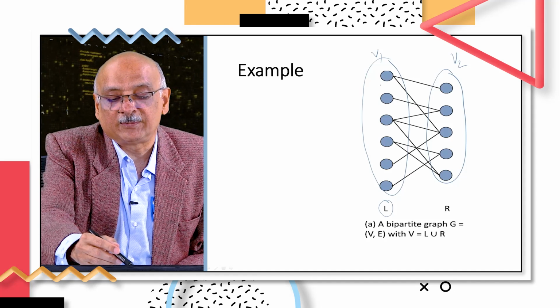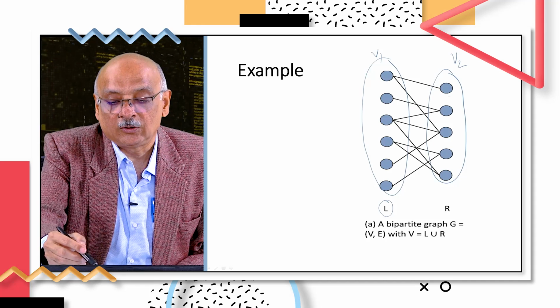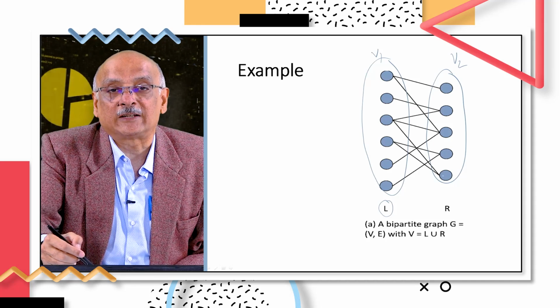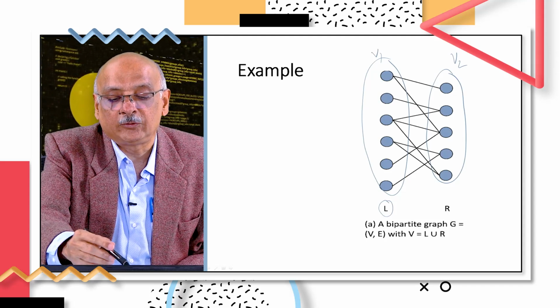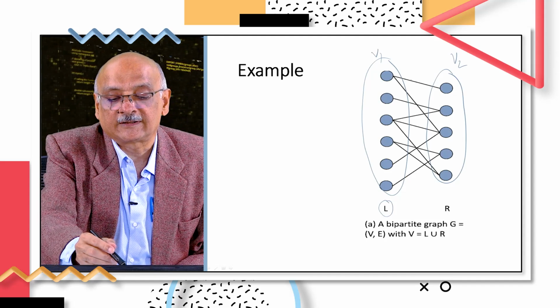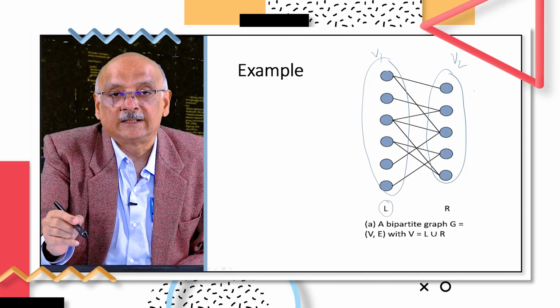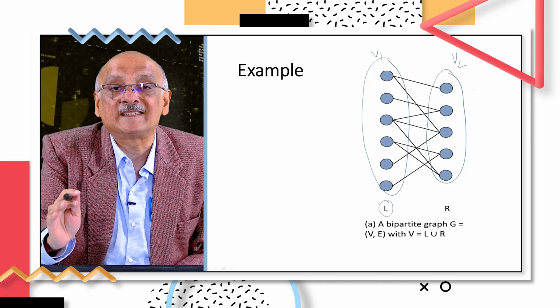There are no edges within the V1 set, and no edges within the V2 set at all. So all the edges are from set V1 to V2. This is how the bipartite graph is defined.